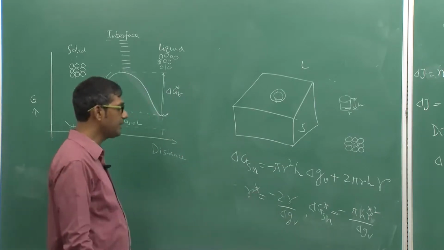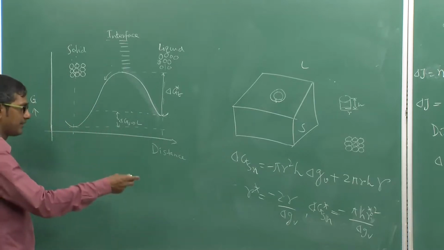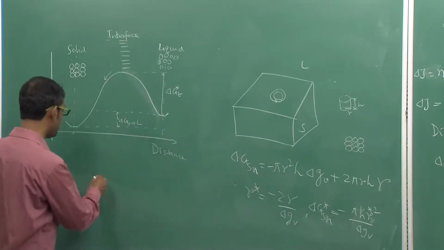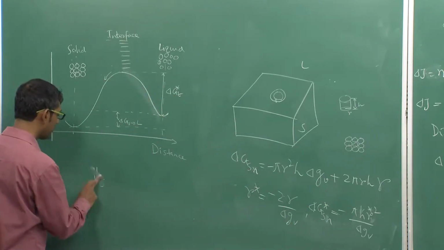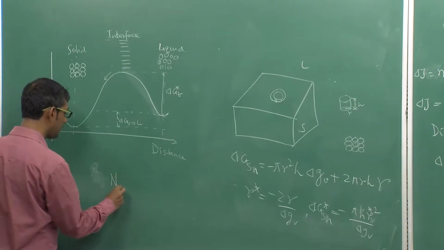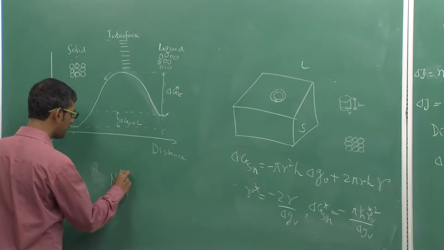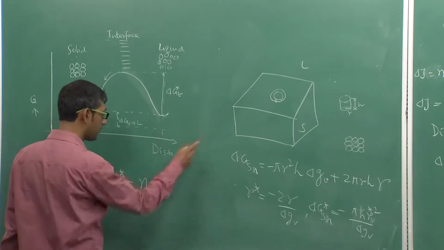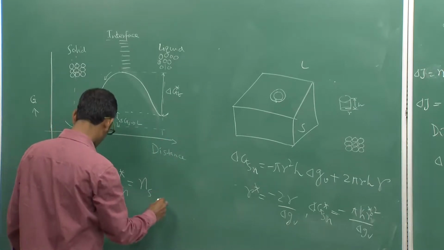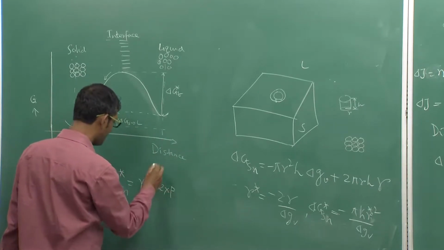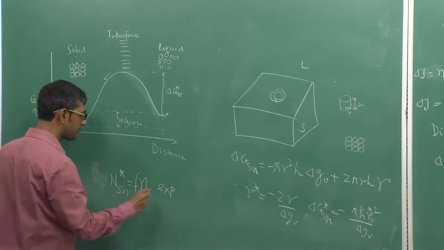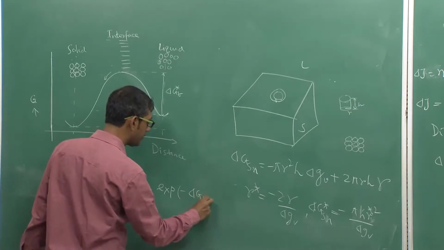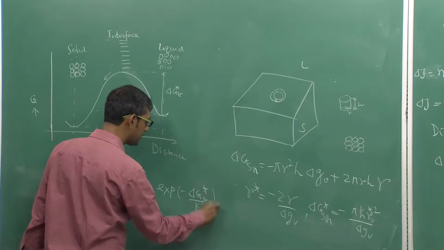Therefore, if I have that, now I can write down the rate, because we are calculating the growth rate. So what is the nucleation rate? Going back to the nucleation rate equation, the surface nucleation rate is equal to the number of atoms present on the surface, that is, the number of atoms coming there, multiplied by a frequency term, times exponential of minus delta G surface nucleation star by kT.